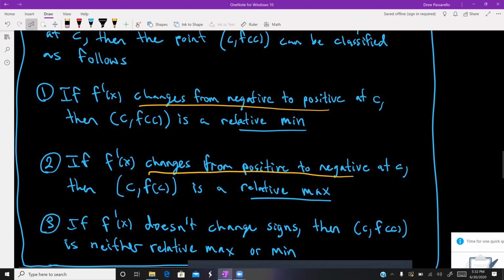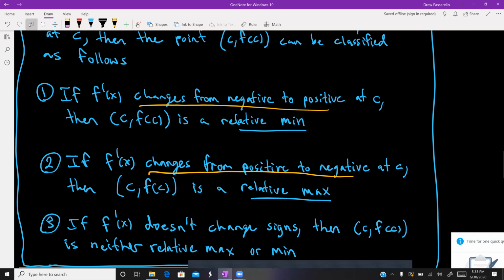Or if the first derivative doesn't change signs, then c comma f of c is neither a relative max or relative min.